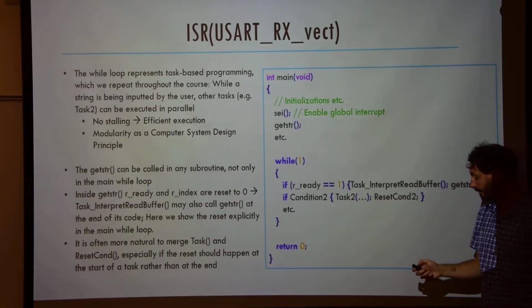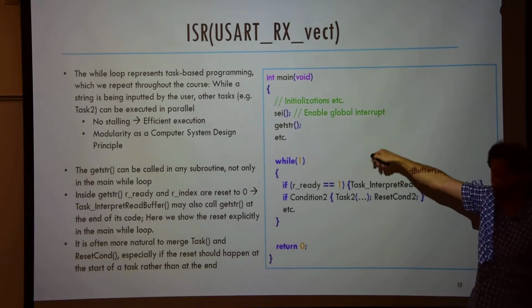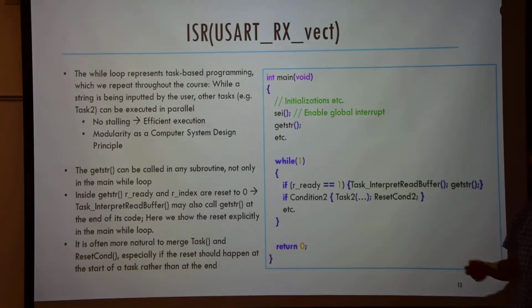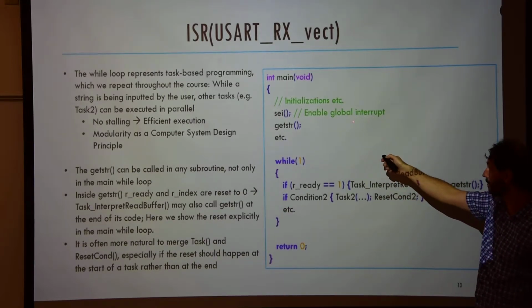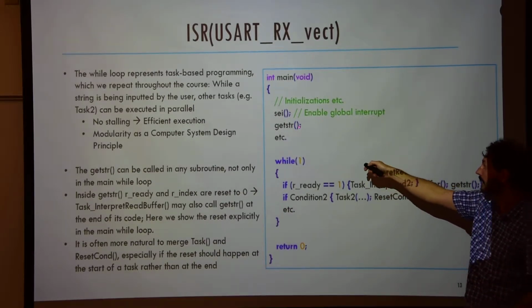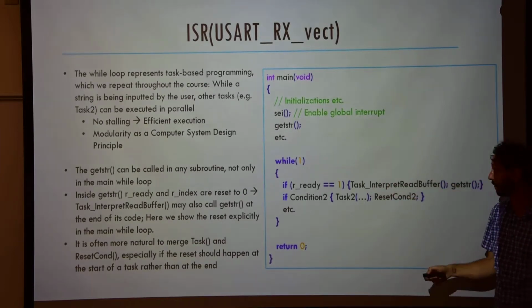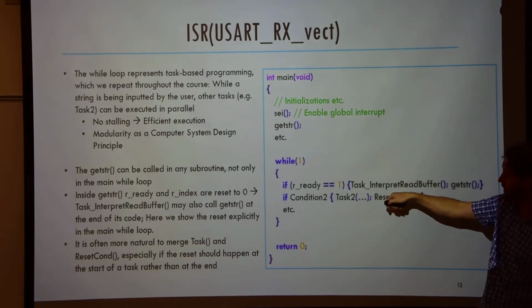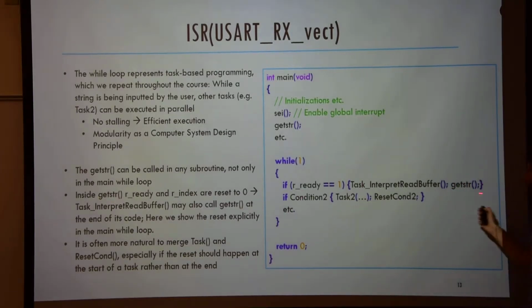At the global level, for the UART, for example, I need to set all kinds of control registers. I need to enable global interrupts, whatever I use here. Then in this particular code, I'm interested in getting a string, for example. I have an infinite loop, that's how we always work. And we have statements like this.